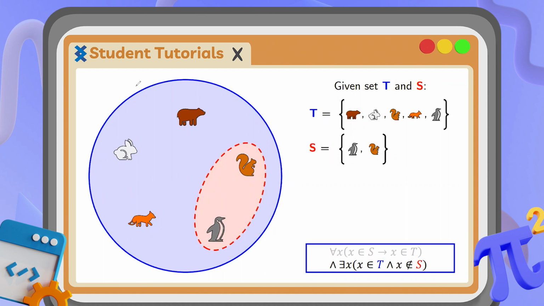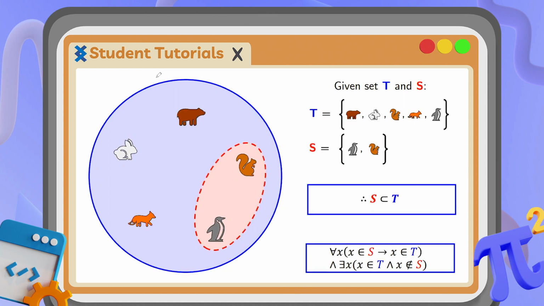We need to focus on the other half of the definition, which is X is an element of T, which is not in S. And there are actually three possible answers to elements that are in T, which are not in S, such as that of the bear, the bunny, and the fox. All three are not in S.